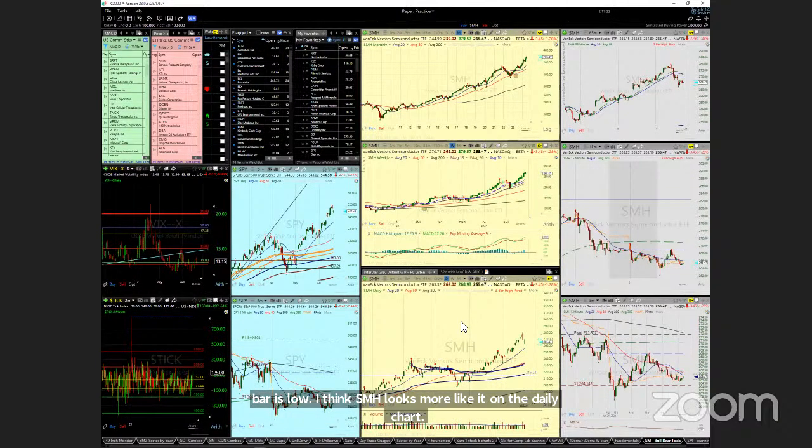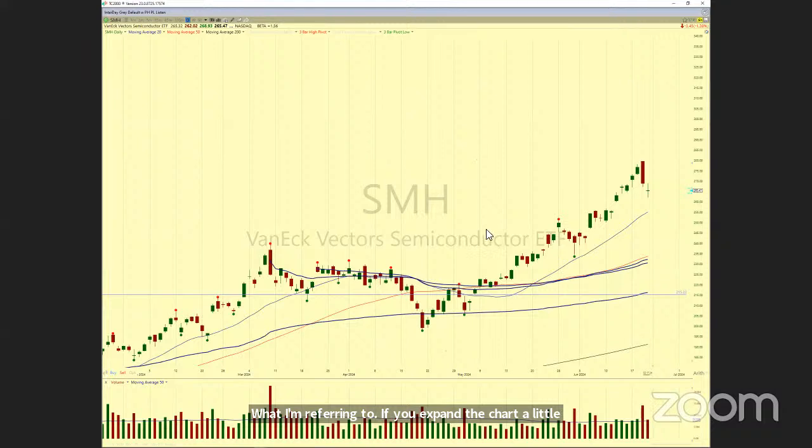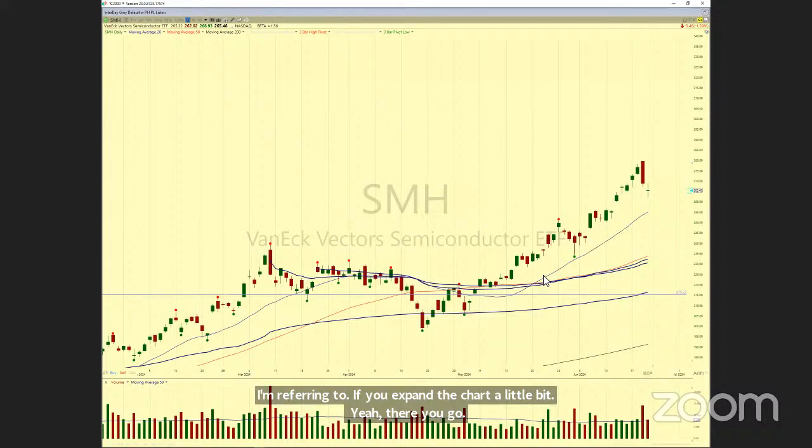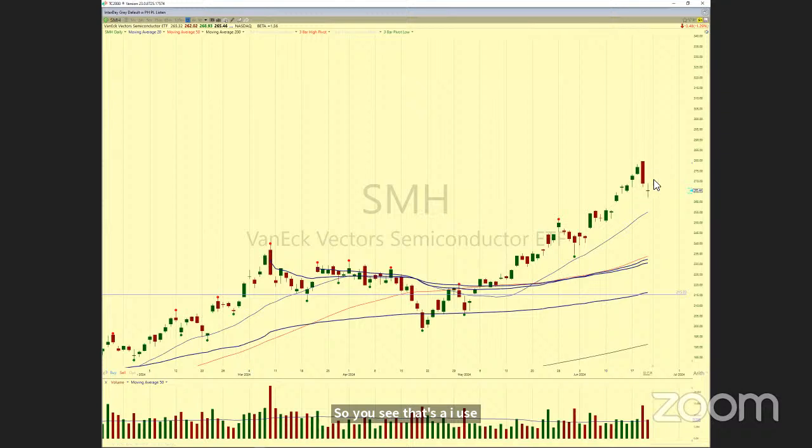If you expand the chart a little bit, yeah, there you go. You see that's what I call a potent reversal bar. It doesn't mean it cannot be negated, right? But when you compare that red bar to the bars that preceded it, you can see that it's big, and so it's more meaningful because of its size.